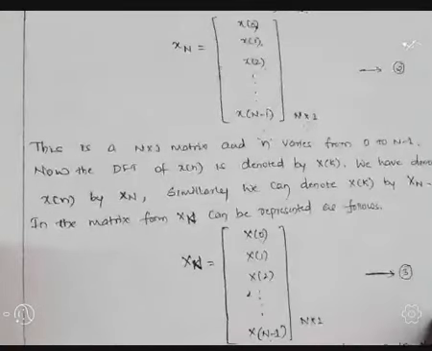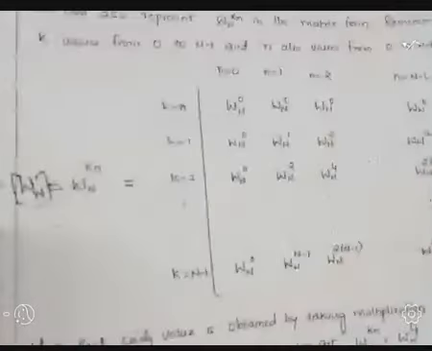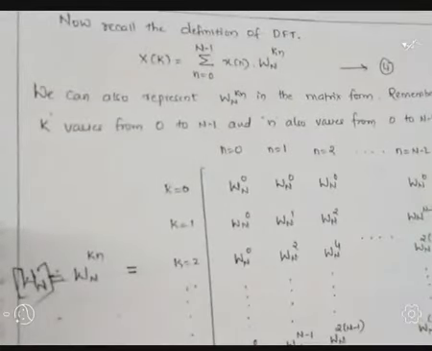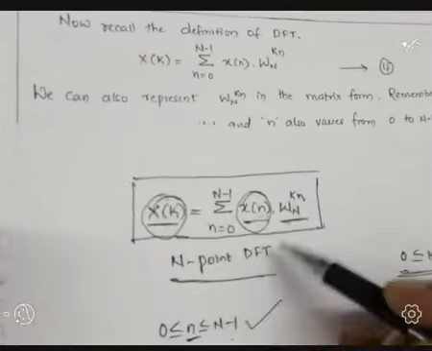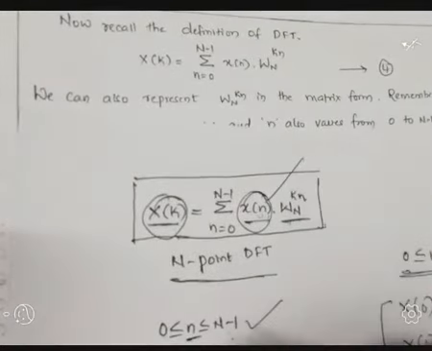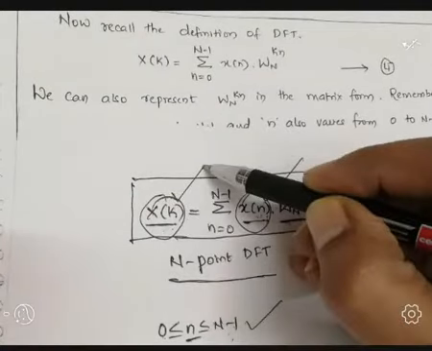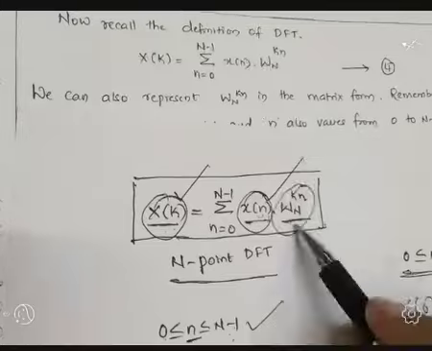Similarly, let us refer to the definition of DFT as I have written already. One more parameter is left. x of n is done, we represented it in matrix format. X of k we also represented in matrix format. One more parameter is left, that is the twiddle factor, W_N to the power kn. This also we have to represent in matrix format.